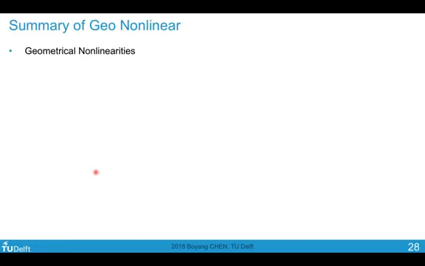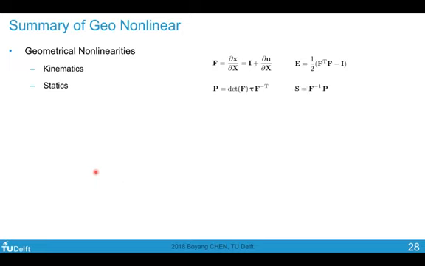So to summarize what we've learned in this lecture on geometrical nonlinearities, we started with the descriptions of kinematics, such as the deformation gradient and the Green-Lagrange strain tensor. We then moved on to statics and introduced concepts such as the first Piola-Kirchhoff stress tensor and the second Piola-Kirchhoff stress tensor.